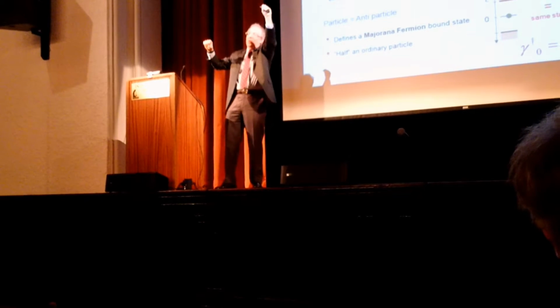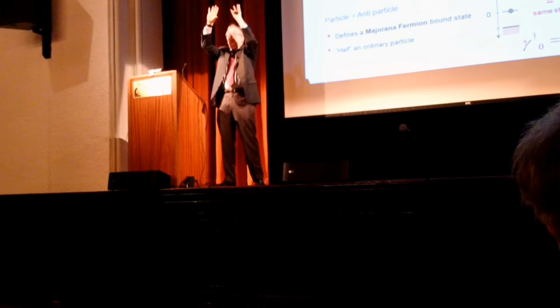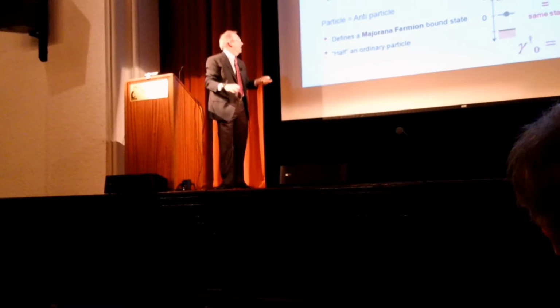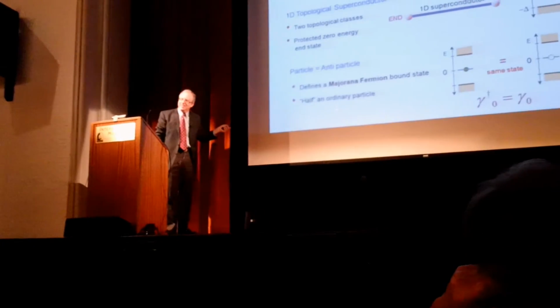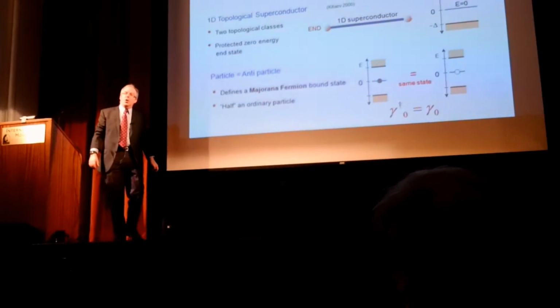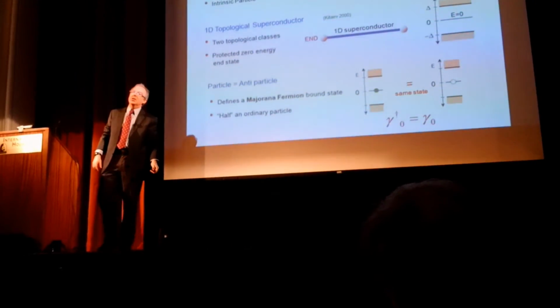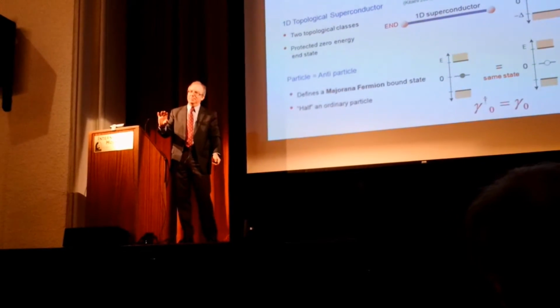Here you have a particle and you have the same particle. You put them together, poof, they're gone. And so there's a sense in which this is only half of the particle. And so this particle that is its own antiparticle is what we call a Majorana fermion.